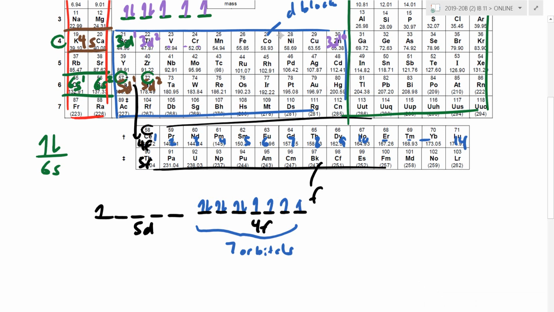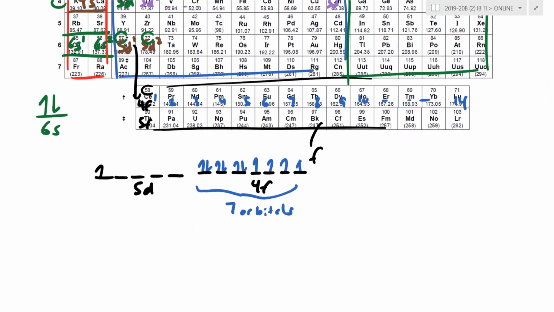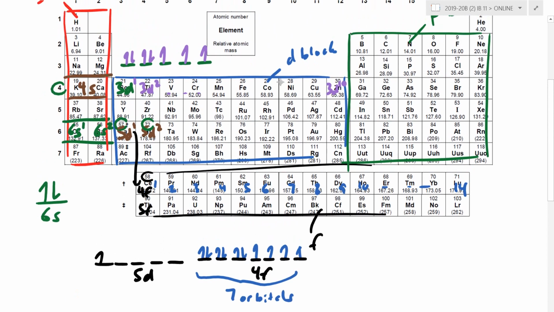Let's imagine I was just doing hafnium with you again, and then we'll practice a few more. Hafnium actually has a lot of electrons. Hafnium is the element that's sitting here. You can predict, based on the periodic table, what the very last electron should be. We had already decided it's on row 5d, the second electron in.